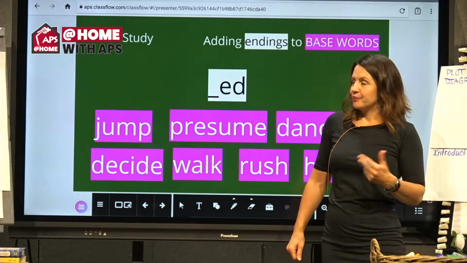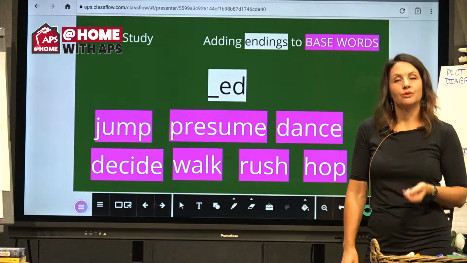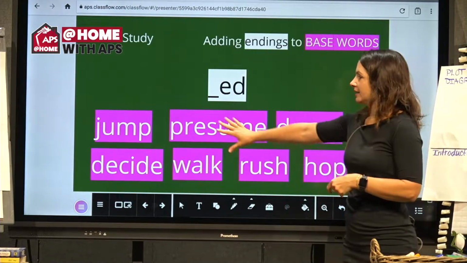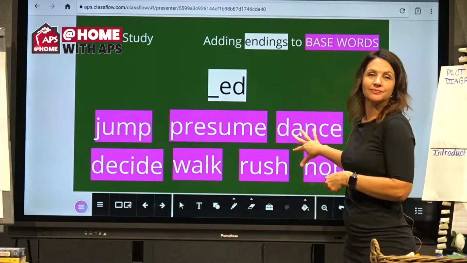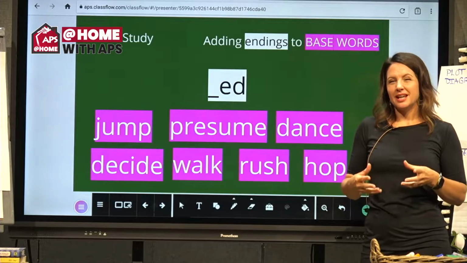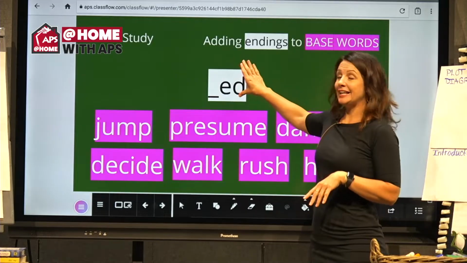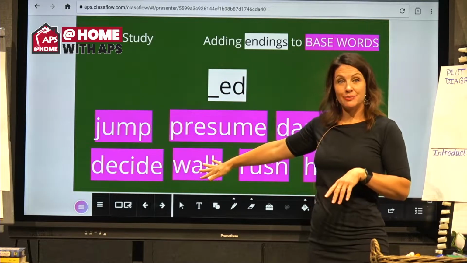Here's the trick, though. There are a few rules that we have to follow when we're adding ed to base words. We already know how they're supposed to sound, but today we're going to study a few rules for adding ed to these base words.